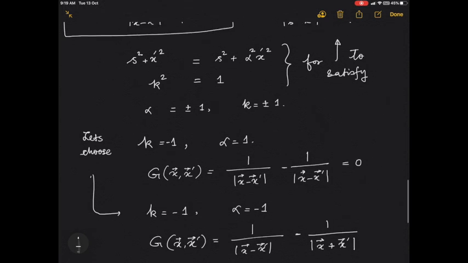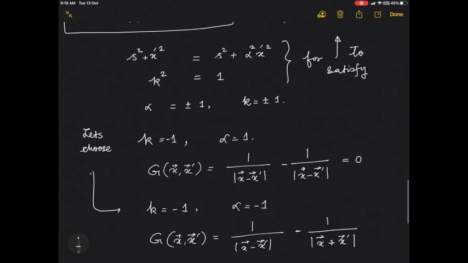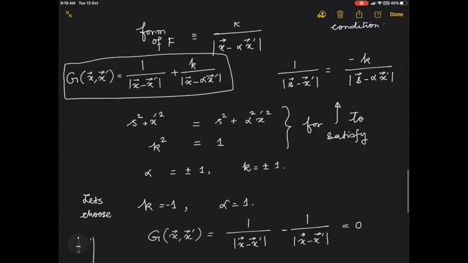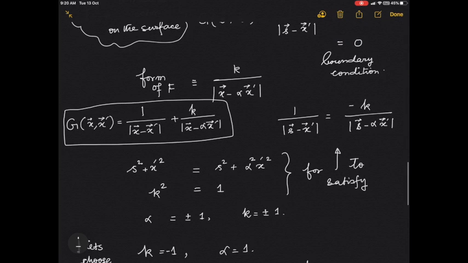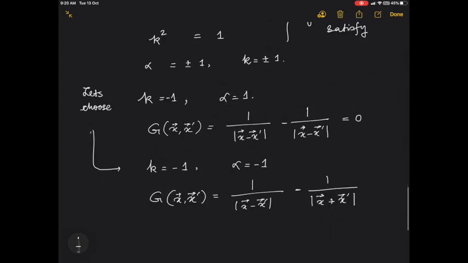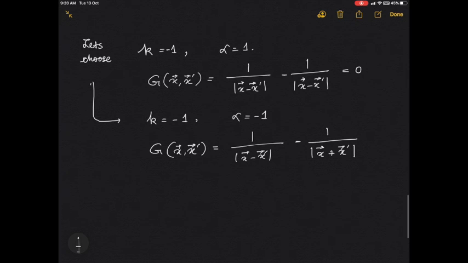Well, that's a legitimate solution, because see what happens if I put these things at the boundary, then you will see that this is going to 0 at the boundary.